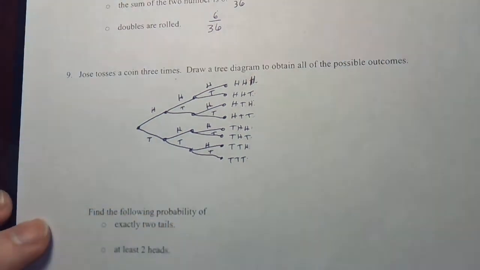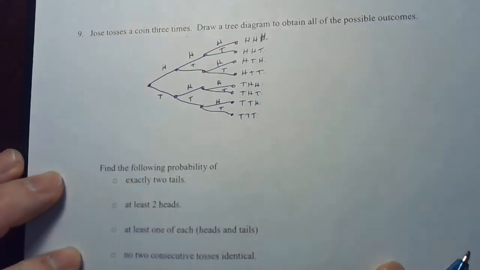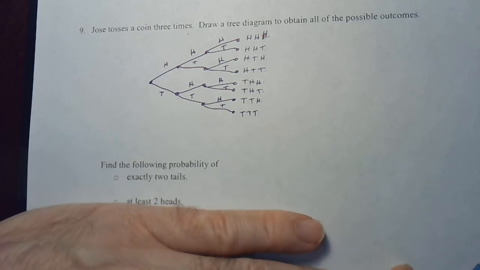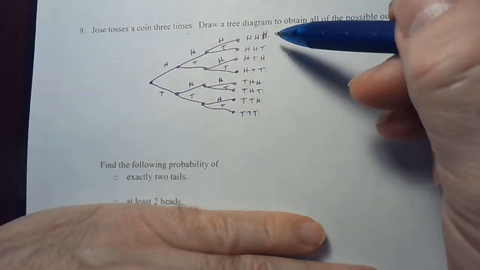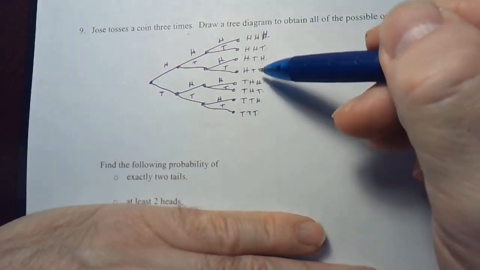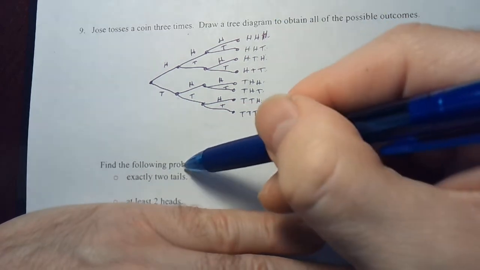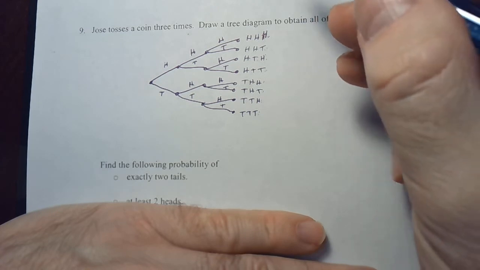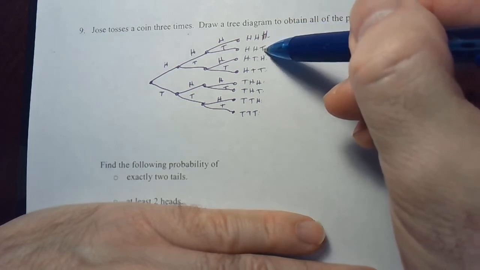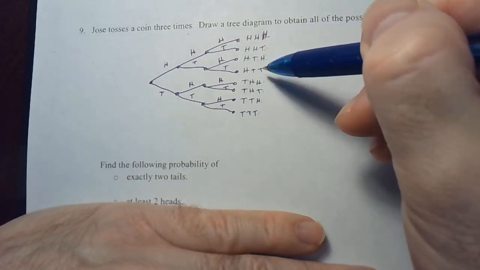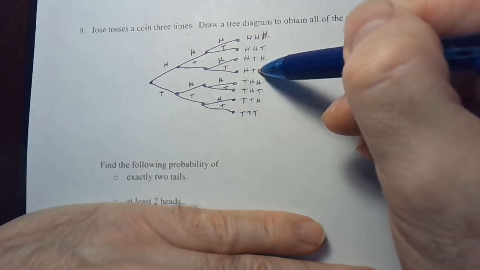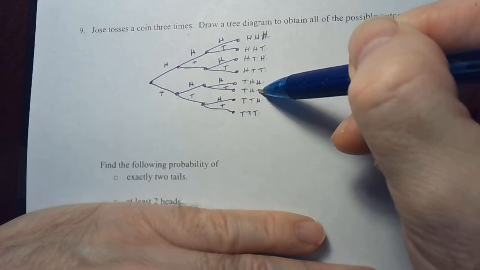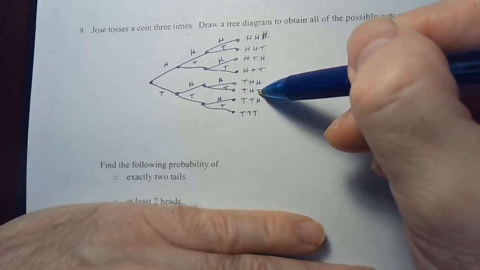All right, let's find the probability of exactly 2 tails. So we need to go through these 8 and count up exactly how many of them have exactly 2 tails. All right? This is no, no, no, yes. This one has 2 tails. So 1, no, yes. This one has 2 tails, the first and last one.